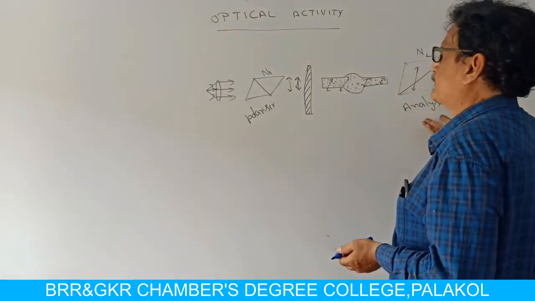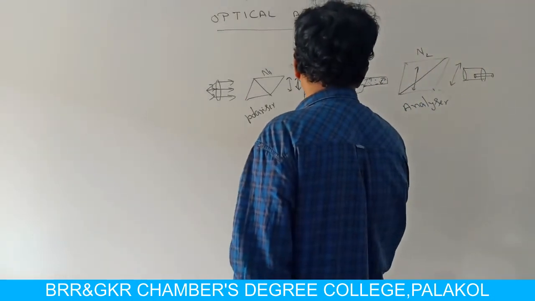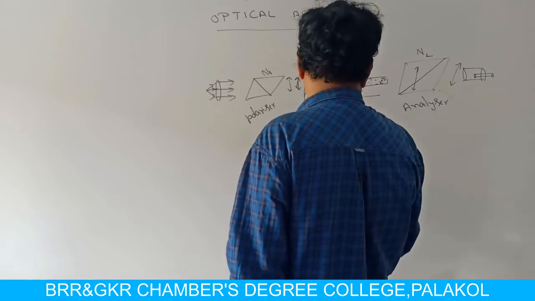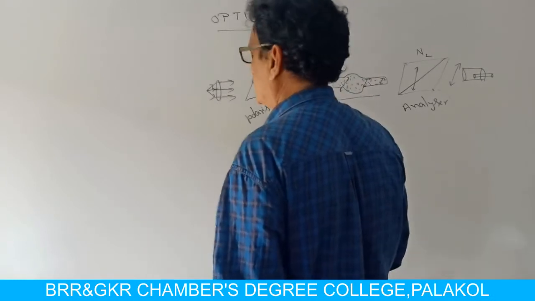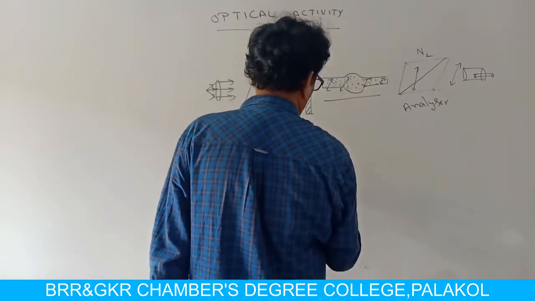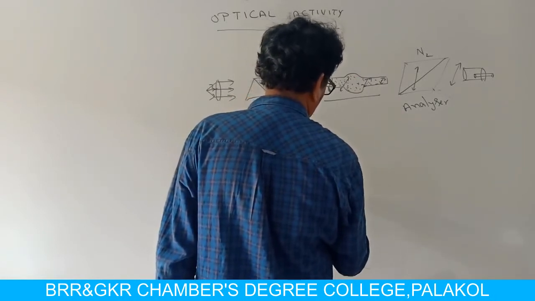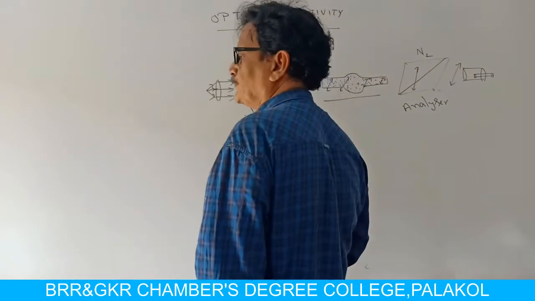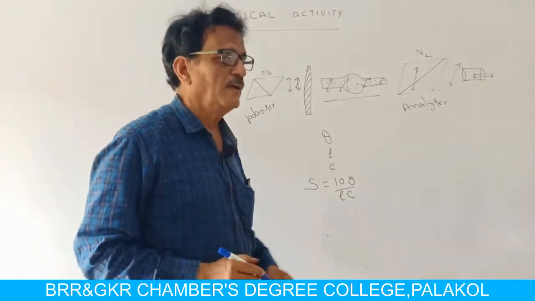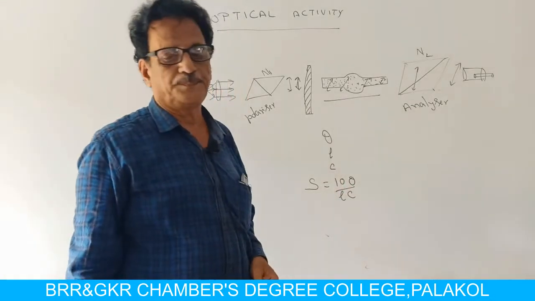The rotation made by this analyzer is theta. The length of the tube is L, and if the concentration is C, then the specific rotation of the solution inside the tube is S equal to theta by LC. Because the definition is in decimeters, in centimeters it is theta by LC.